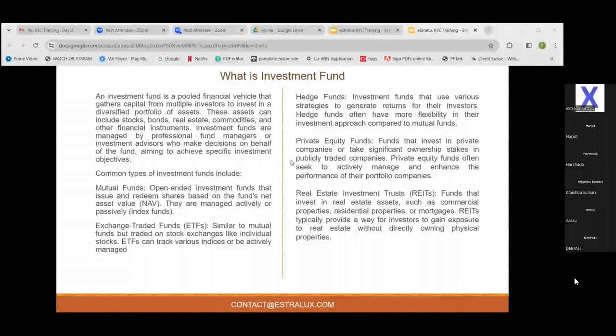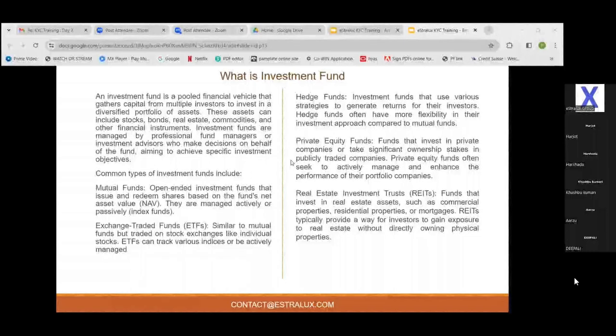You don't have to remember what kind of funds or what each is. You just have to know that this is a fund, what it is, and what requirements I need to collect. From the basic investment fund, what you can understand is the first line.